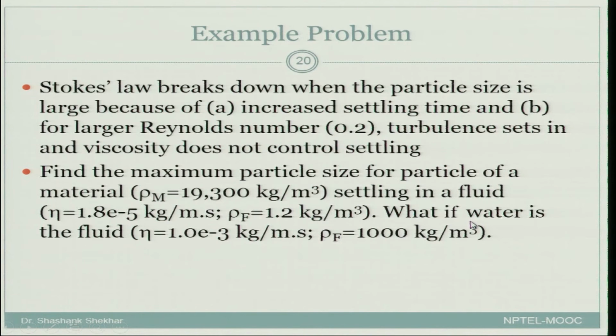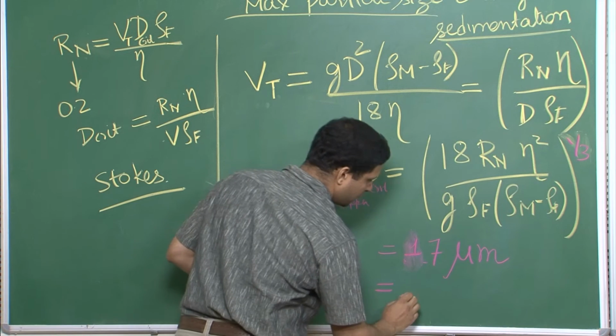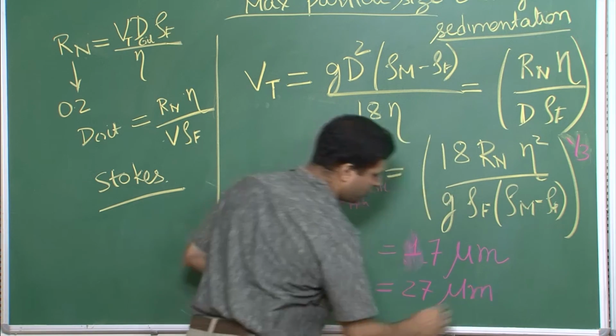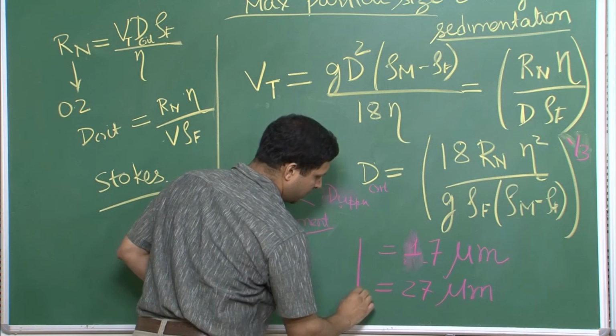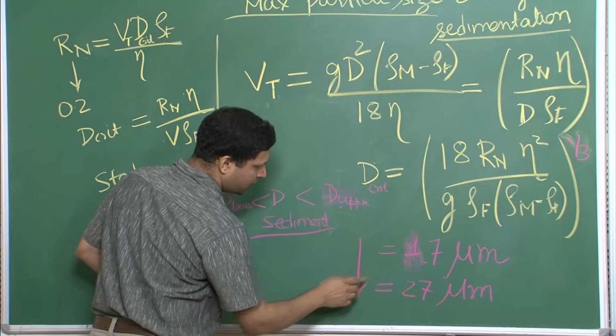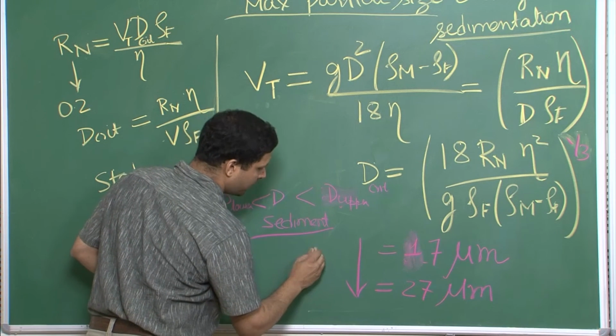When you solve this, you would see that this comes out to 17 micrometer, and this will increase to 27 micrometer. So, when you go from a lower density liquid to a higher density liquid, you are able to increase the upper limit.